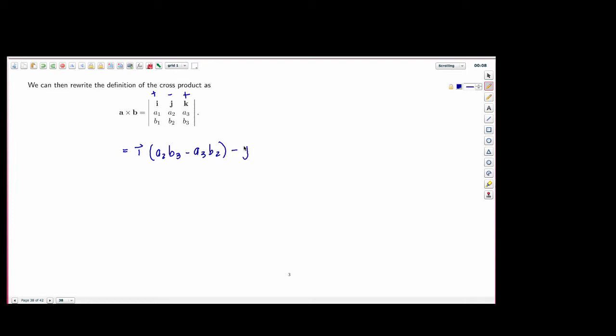Then you get minus J times the determinant if you cross out J's row and column, so that's A1 B3 minus A3 B1. And then it's plus K, cross out K's row and column, and you get A1 B2 minus A2 B1.